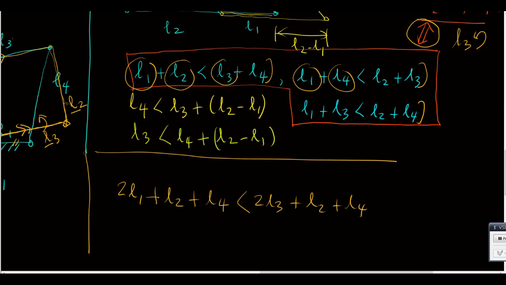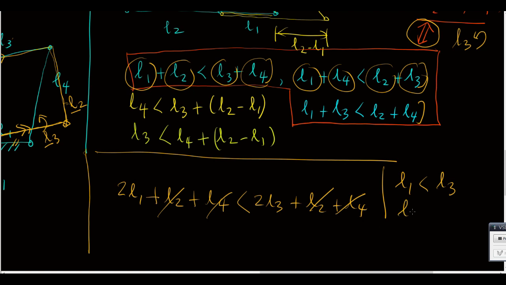Here this one plus this one is 2L3, and this one plus this one is L2 plus L4. And now I cancel L2 plus L4 and I find L1 is less than L3. Okay, I find that condition. And similarly, if I do the other pairs, 3 pairs are possible, I find L1 is less than L2, L1 is less than L4. This means if S is the shortest link, then L1 is equal to S.